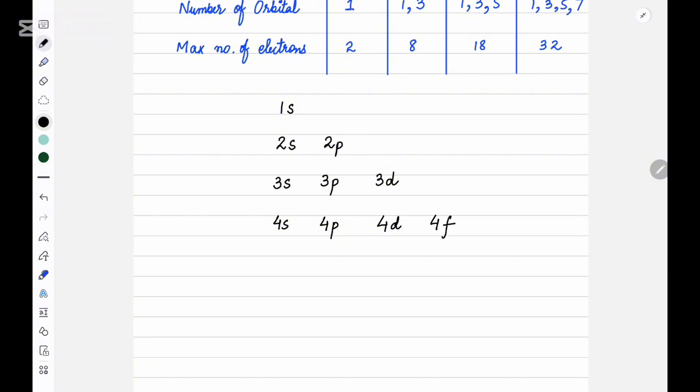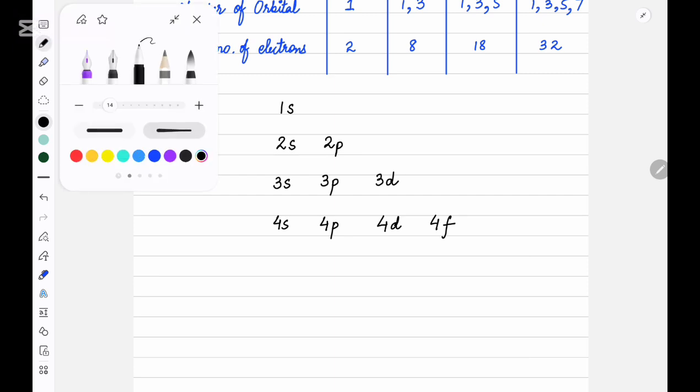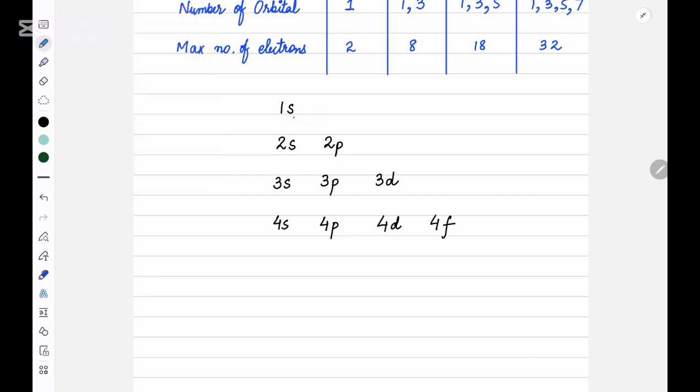And how are electrons going to fill in? Let's see. First, electrons fill the 1s orbital, then move to 2s, then 2p, then 3s, then 3p, and after filling 3p they fill 4s, then move towards 3d, and then 4p.